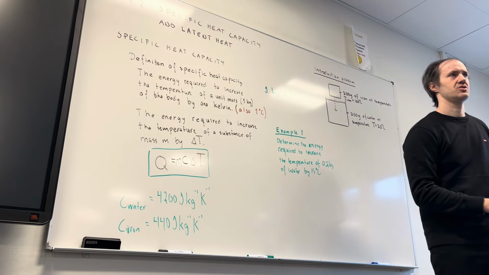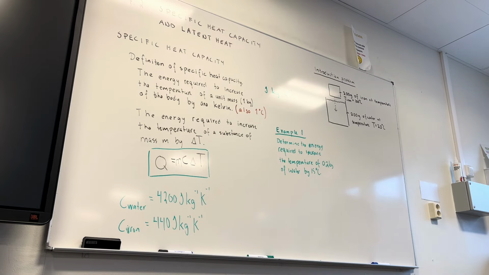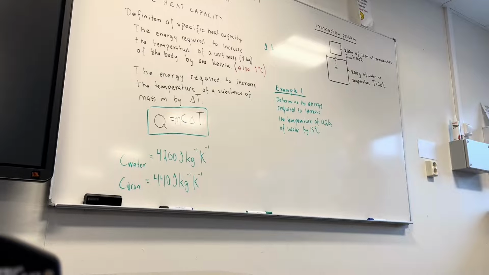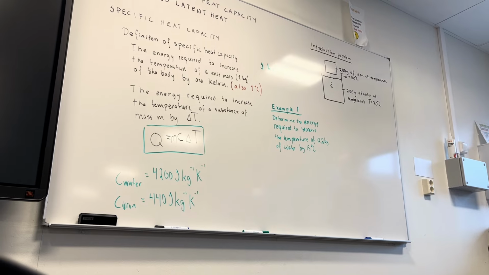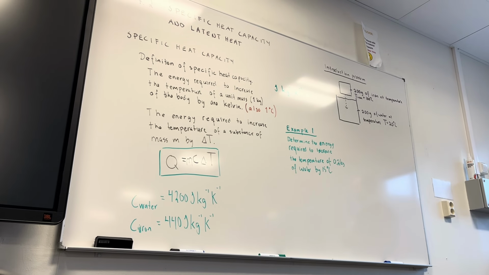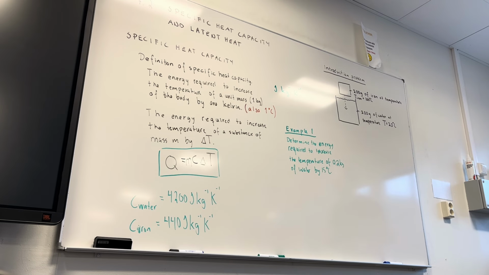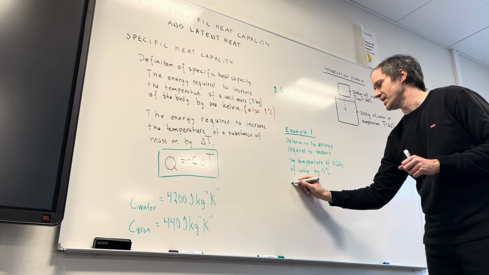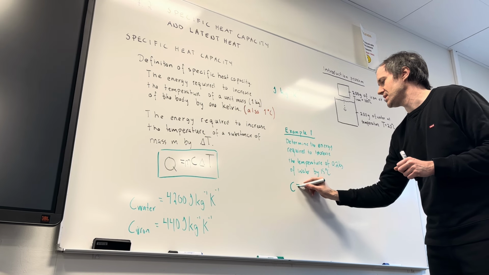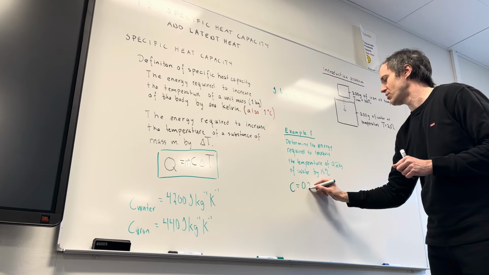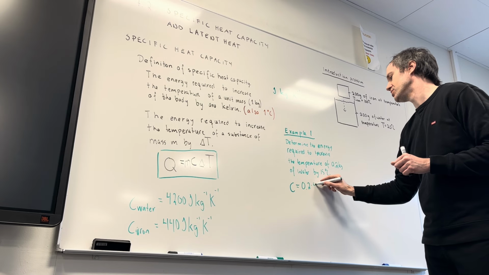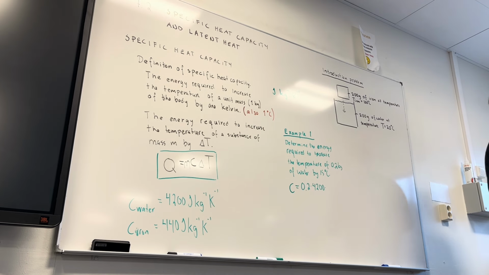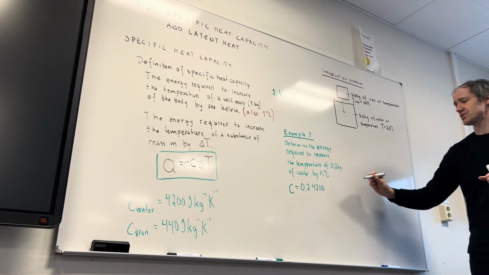15 degrees Celsius. So let's say we have 0.2 kilogram of water and we want to increase the temperature by 15 degrees Celsius. How do we use this formula? Take the mass of the water, 0.2, multiply by the specific heat capacity of water, 4,200, and multiply by the temperature change of 15 degrees Celsius.